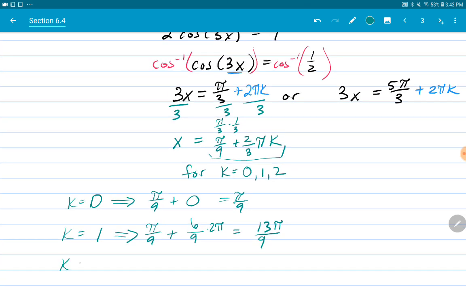And when I plug in 2, I get pi over 9 plus 6/9 times 3 pi. Wait a second. What do I want here? 2 pi times 2, which would be 4 pi.